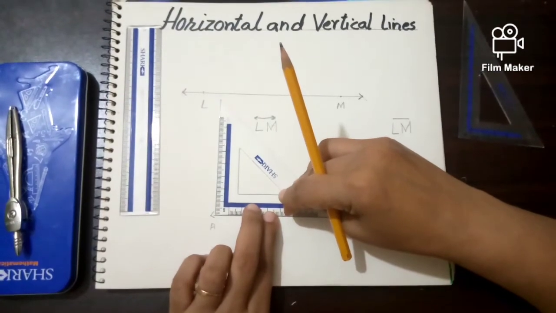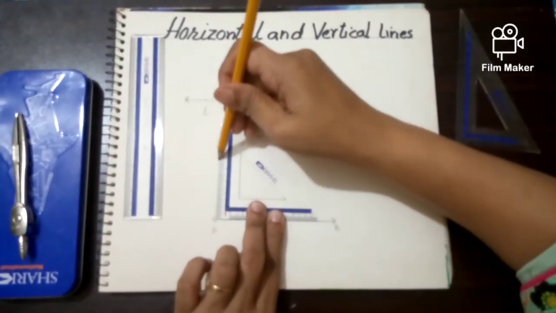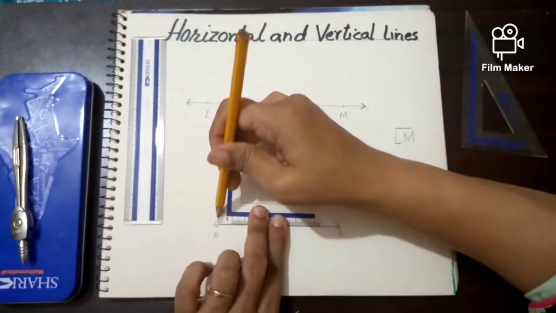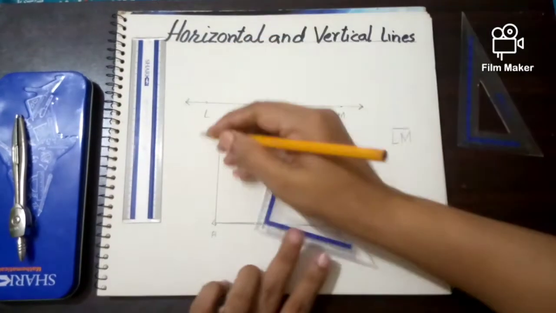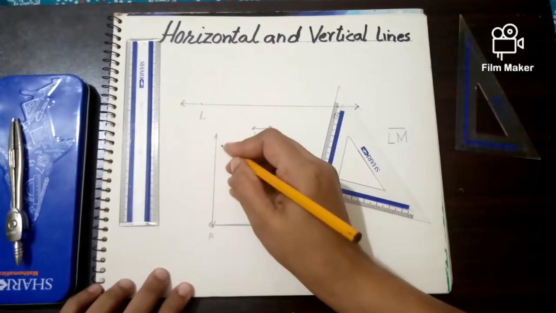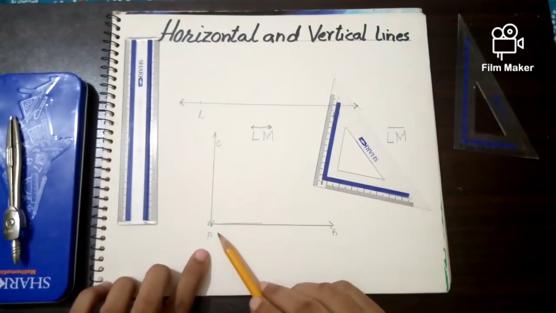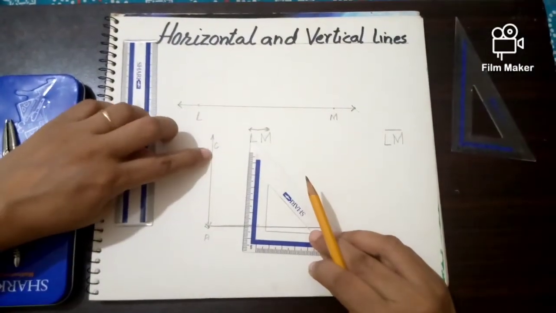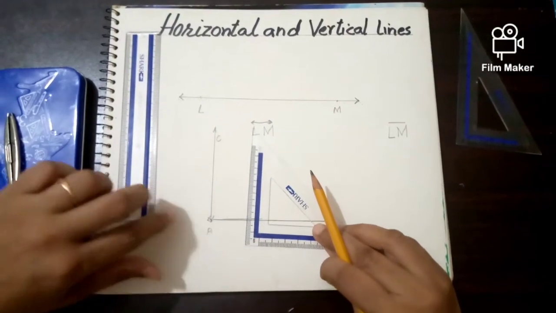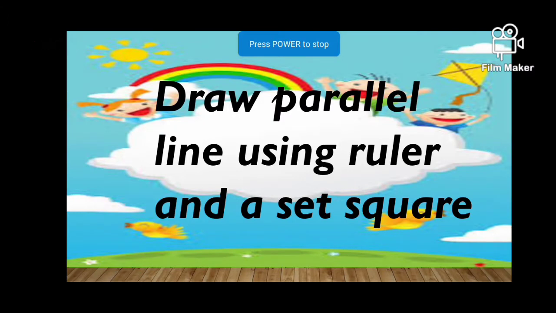Then we will draw a line on AB, and this point is C. The line AC is a vertical line and AB is a horizontal line, drawn using a ruler and a set square.